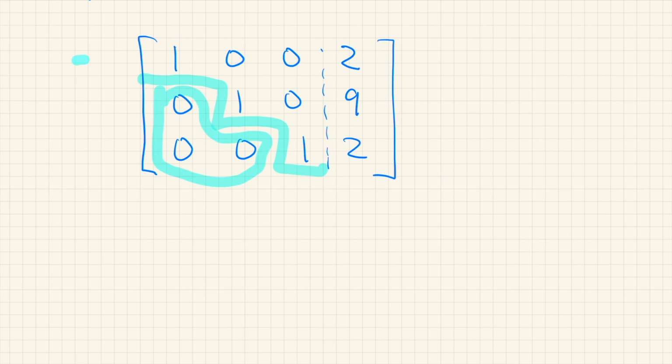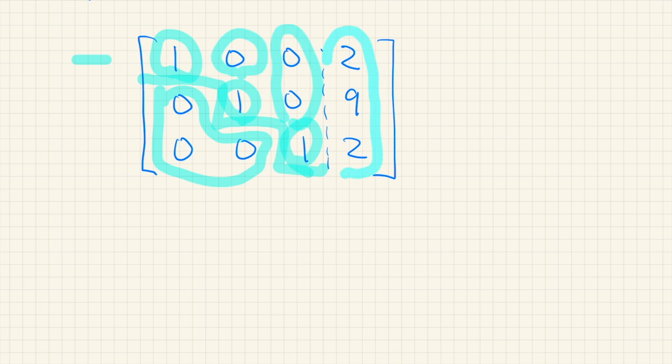And for each row, the leftmost non-zero element is always 1. And above those ones are zeros. And everything else can be anything. So these are the defining properties of the reduced echelon form.